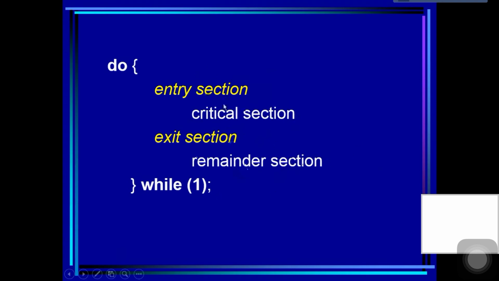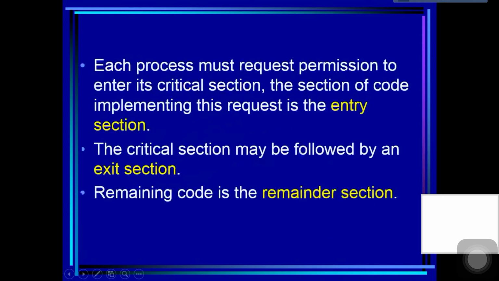We only care how to code the entry section and the exit section to ensure that at any time no two processes enter their critical section. So this is the critical section problem.